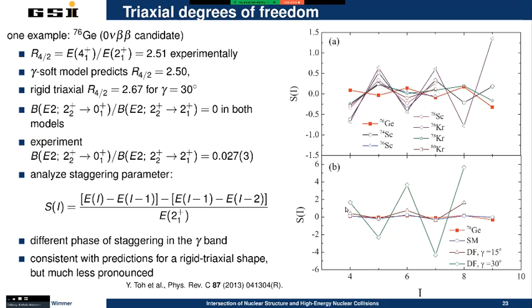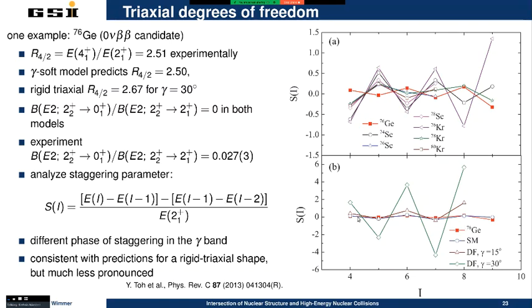The phase of the staggering of going down, up is consistent only with this rigid Davydov-Filippov model. So for maximum triaxial deformation, you would have down, up, but with much larger amplitude than what is observed experimentally. Experimentally, the staggering is on the order of 0.1 or so, and this prediction gives staggering parameters of 2.